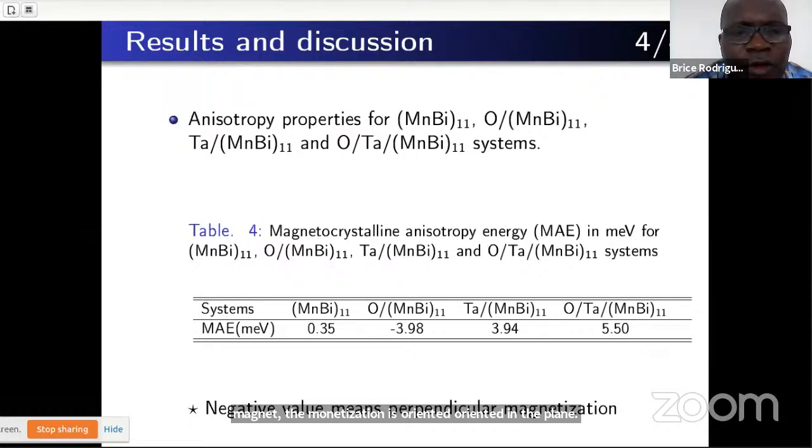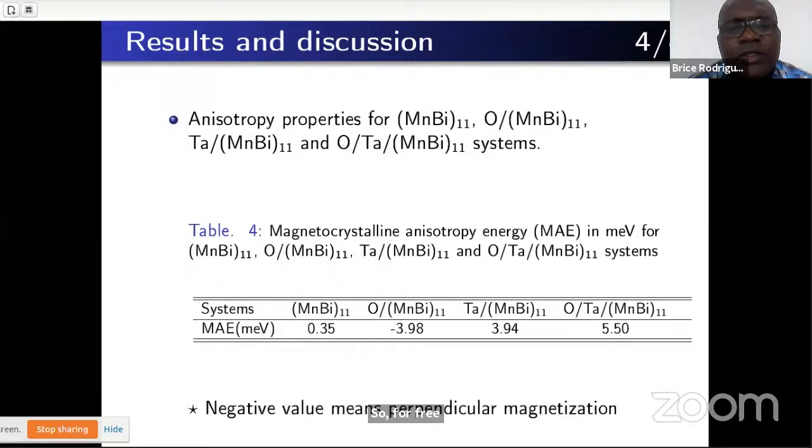So for the free MnBi system, we obtain the value 0.35. This value means that the magnetization is in plane. This is in agreement with Wu et al., but at variance with Sun et al.